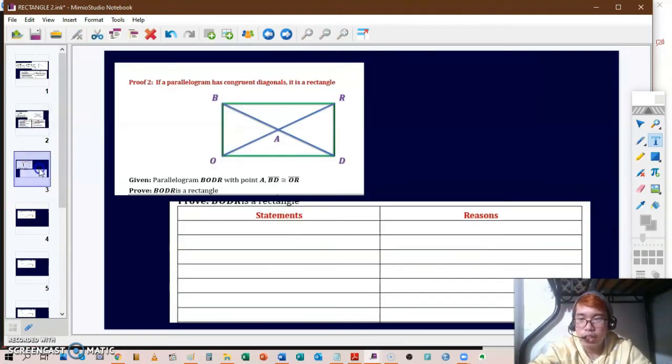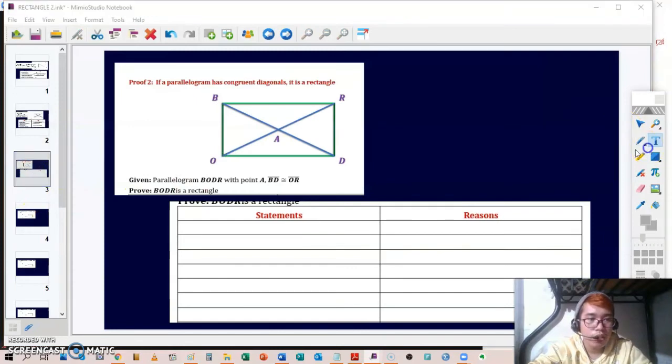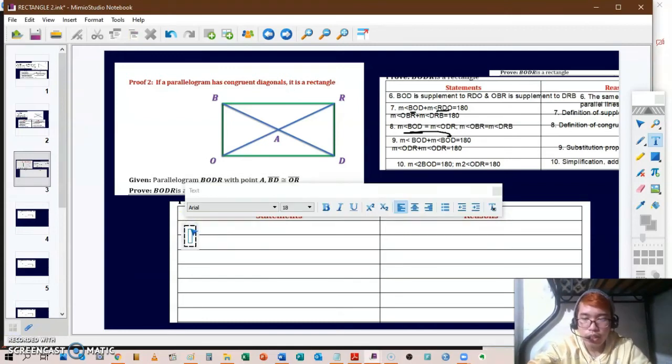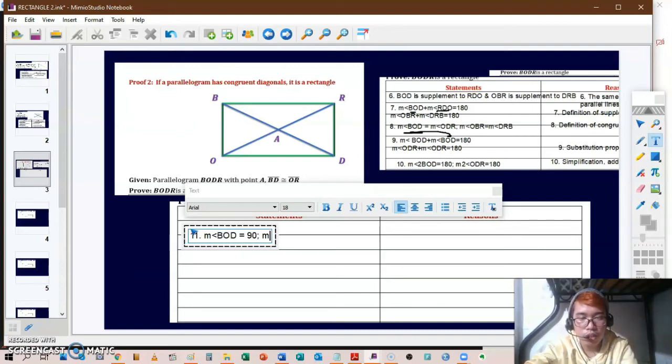Okay, so we can write here for number 11 that the measurement of angle BOD must be equal to 90 degrees, and the measurement of angle ODR, since they are supplementary, is also equal to 90 degrees.